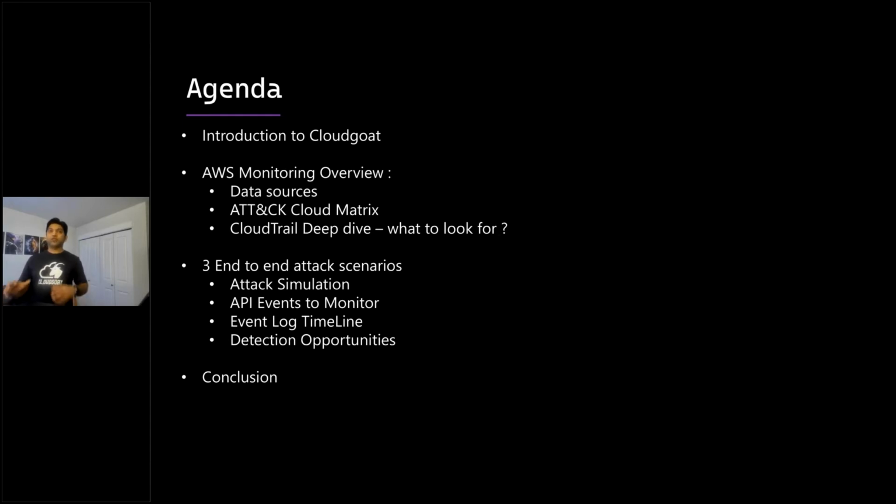The way I have structured this is we'll simulate the attack scenario and then go back and see from a logging perspective what events we see, what events we should monitor, and what the log timeline looks like. Then from all the exercises, we'll look at what detection opportunities you see. And then finally, we'll conclude the talk.